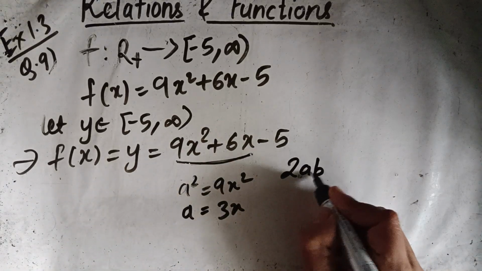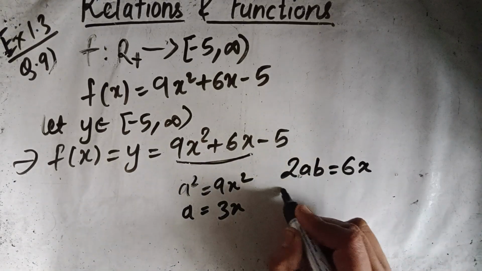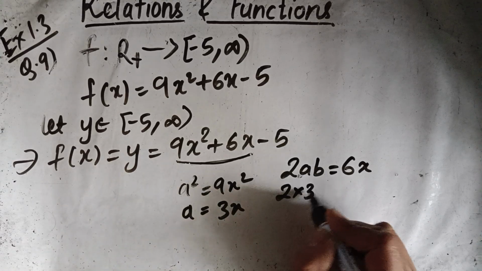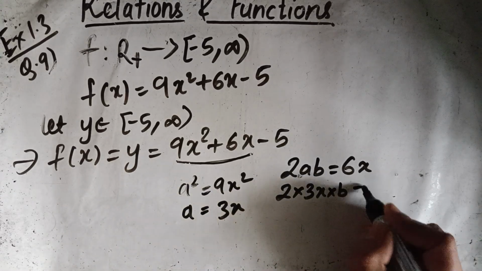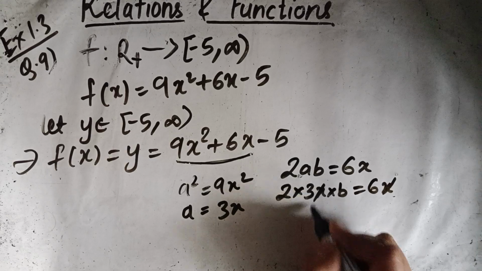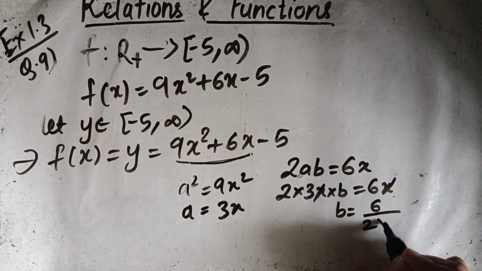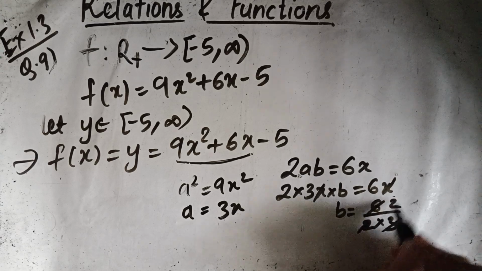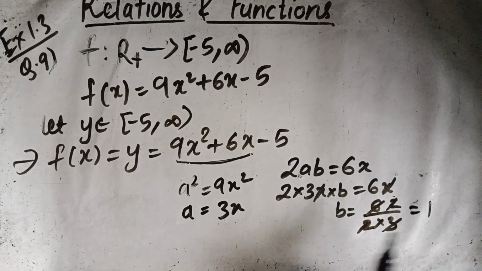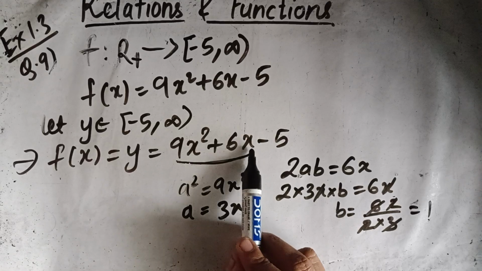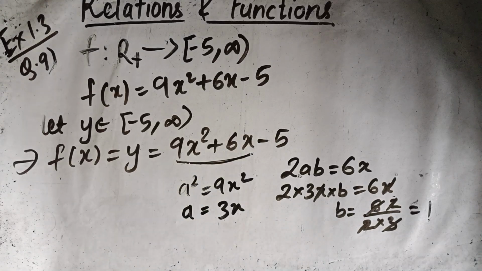So 2ab is your 6x, with a as 3x into b. B we have to find. So x you can cut, and you get 6 upon 2 into 3. So b is 1, and b square you have to take as 1.